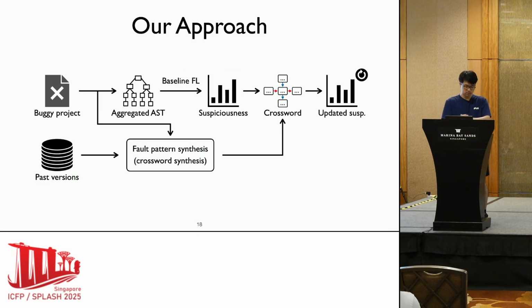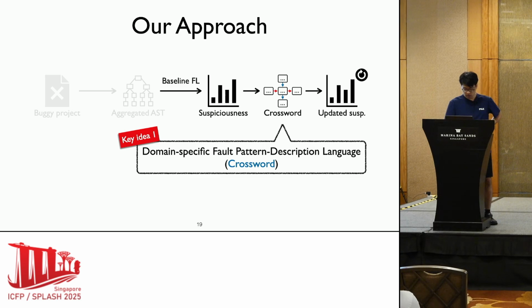Now let me briefly explain the overview of PAFL. PAFL is based on two key ideas. The first key idea is to define a domain-specific language called crossword that describes the fault patterns. So if a statement is described by this crossword, we increase its suspiciousness score so that it is placed higher in the suspiciousness ranking.